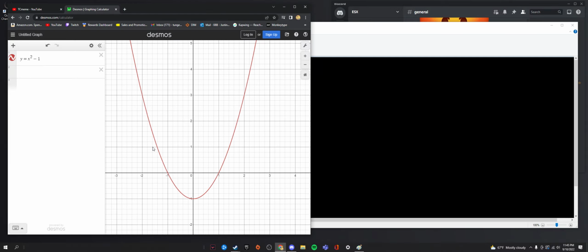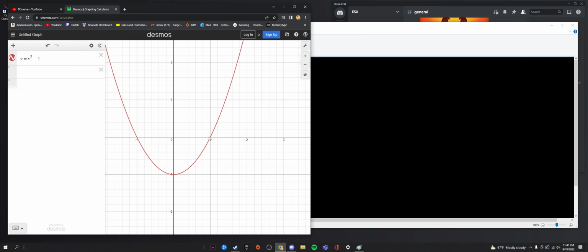So on this graph, we have two spots where y is equal to 0, 1 and -1. These are our two x-intercepts, if you will. I'll be calling them roots from now on. These are our two roots, or the zeros of our function. And let's talk about why we have two in a more mathematical sense. Let's look at -1. When you square something, you're multiplying it by itself.